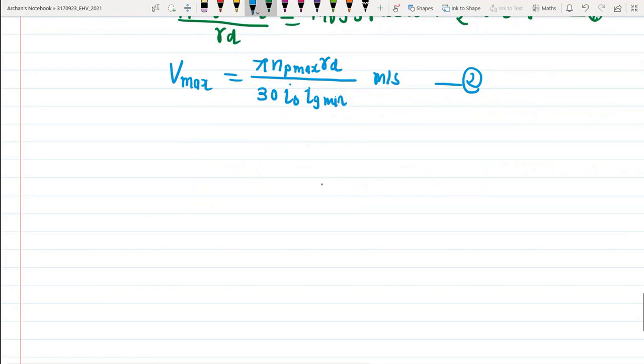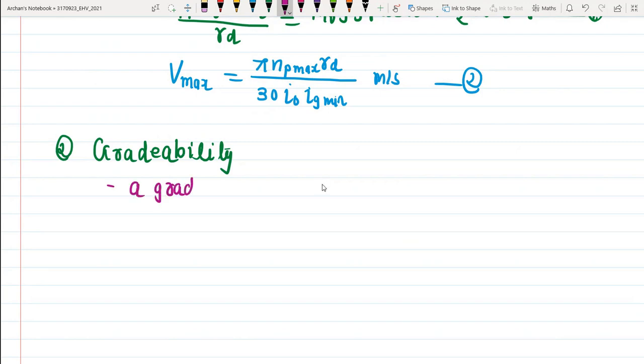Now the next term after maximum speed is the gradability. Gradability is usually defined as the grade or grade angle that the vehicle can overcome at a certain constant speed.